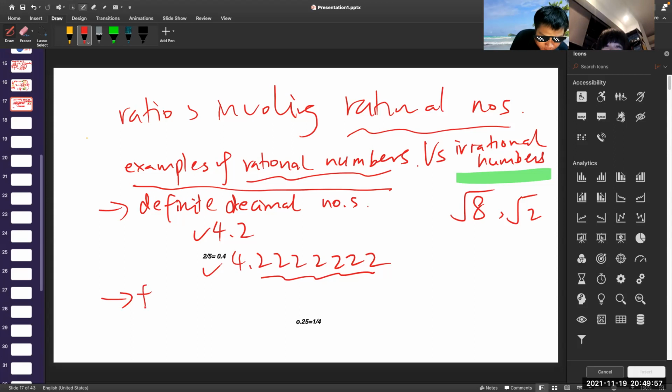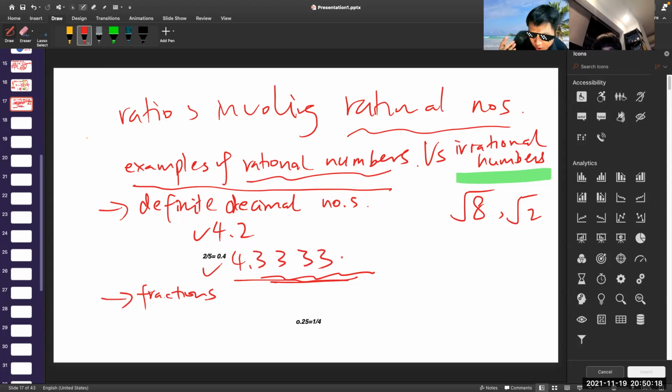And then fractions. In fact, the 4.22222, they are fractions. Isn't there supposed to be a dot on top of one of the two? 4.3333333. And then of course, if you want to simplify your writing, you can actually use 4.3 and then there is a dot on top.